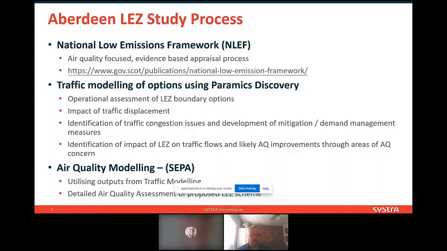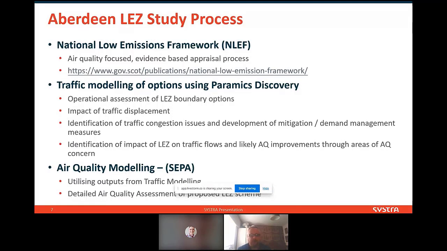We used a model to look at the impact of displaced traffic. When I talk about displaced traffic, that's the displacement of non-compliant traffic from the zone. We're able to then identify where traffic congestion issues might develop from that displacement, and develop mitigation or demand management measures to deal with it.